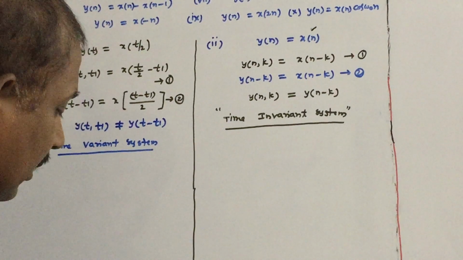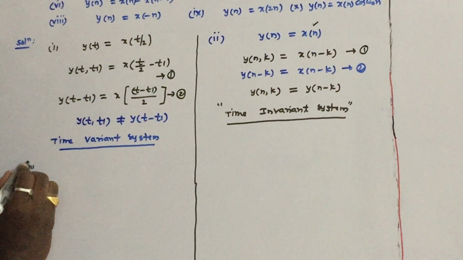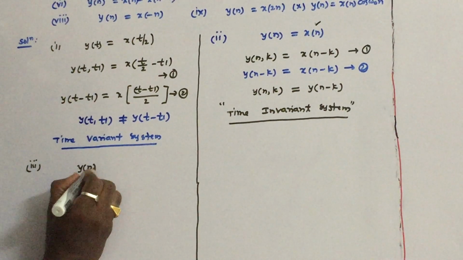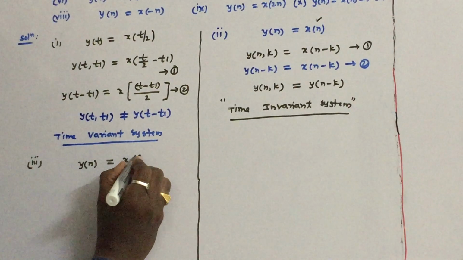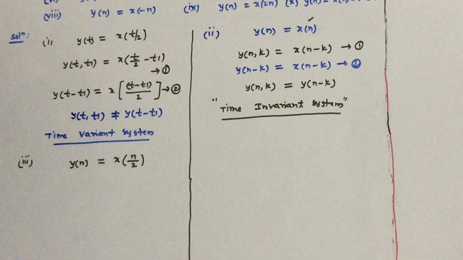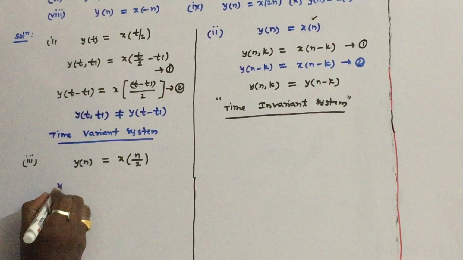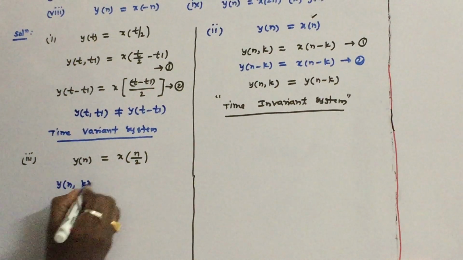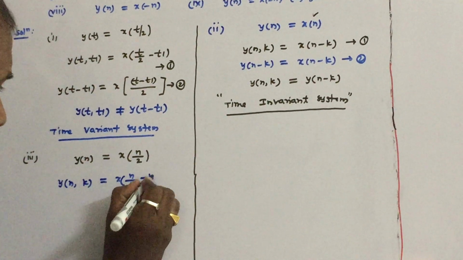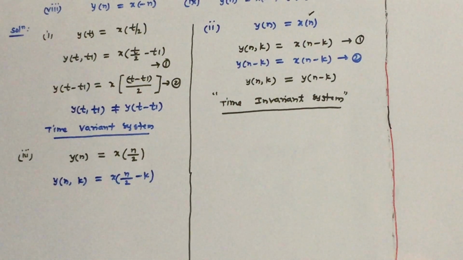Now let us see the third example, number 3. y of n is equal to x of n by 2. First delay the input by k samples, so we represent it as y of n comma k. That means x of n by 2 is delayed by k samples.